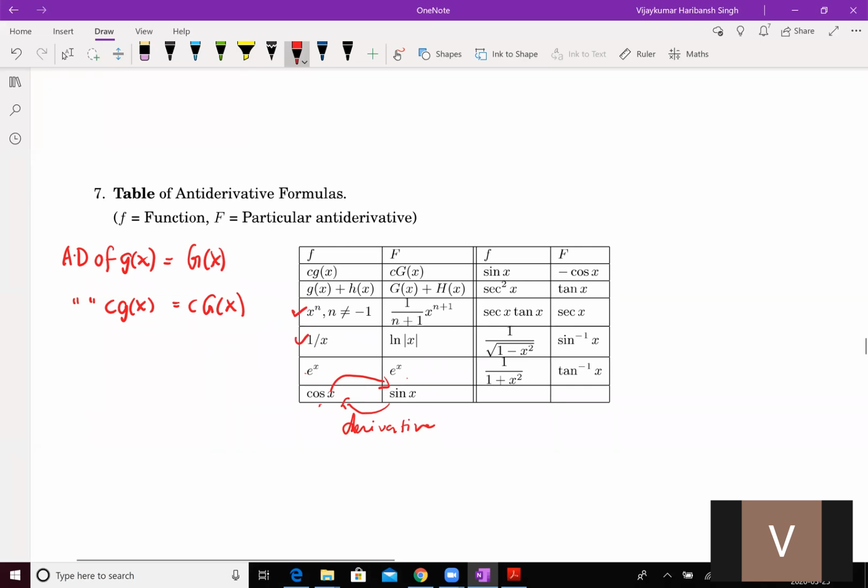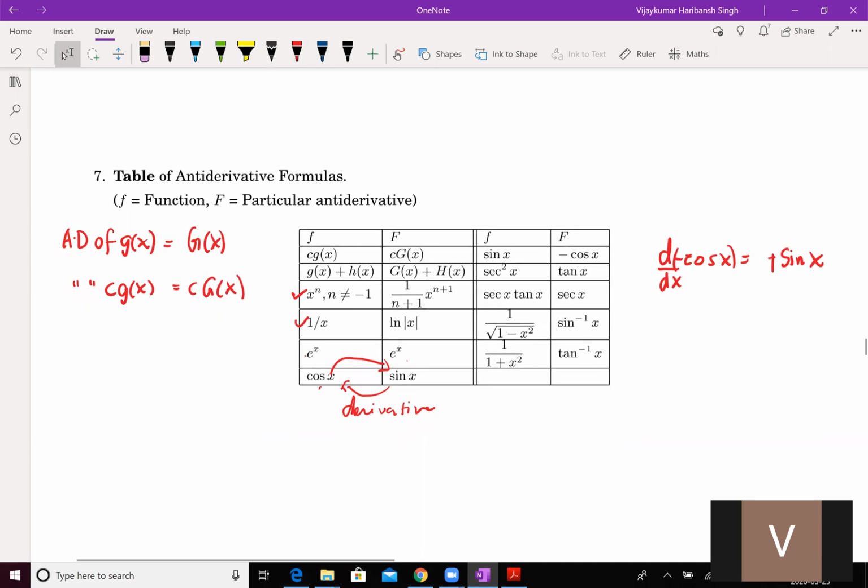Similarly, the derivative of cosine x is minus sine x. So if I multiply both sides by minus and bring the minus sign inside, the derivative of minus cosine x is sine x. So therefore the antiderivative of sine x is minus cosine x.